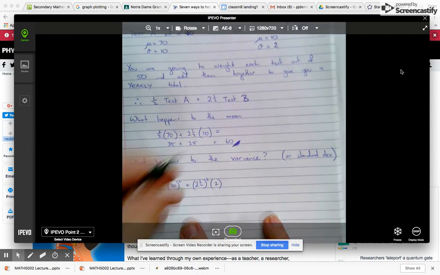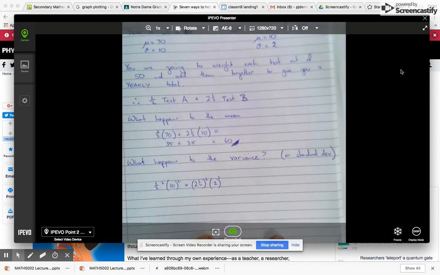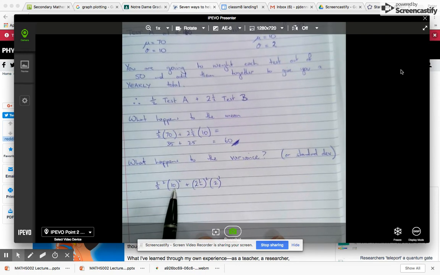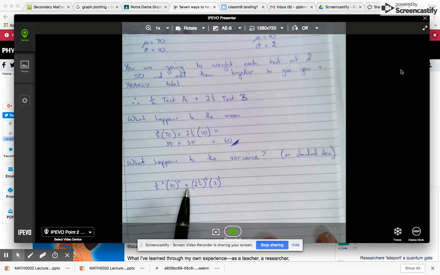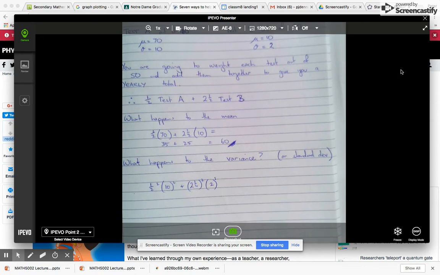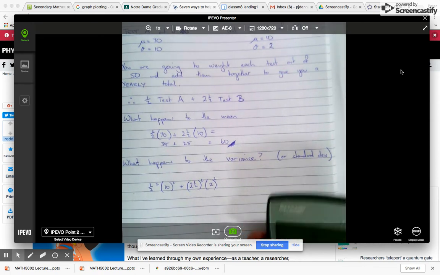The standard deviation there was 2, so the variance was 4. That gives us the new variance: we square the weighting and square the standard deviation, plus the other weighting squared times its standard deviation squared. And we can work that out on our calculator. That is just calculator work.